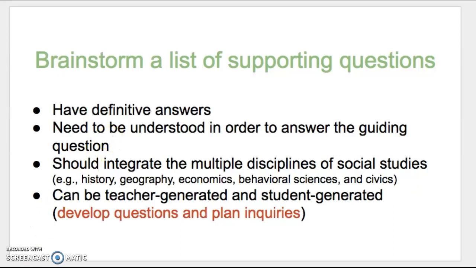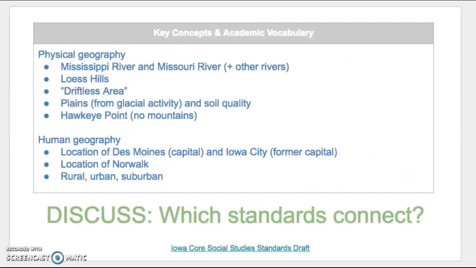So again, pause this and I want you to brainstorm at least 3 or 4 supporting questions. I like to think of supporting questions as each question is going to be a lesson. So you may come up with 15 supporting questions, and if we go back to our other slide, they could be as simple as where is the Mississippi River?